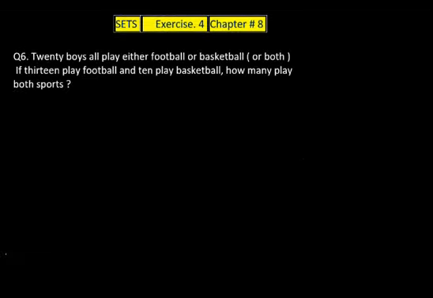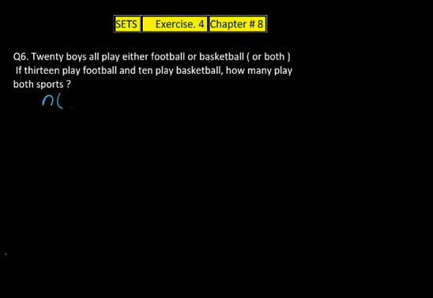In question number 6, it says 20 boys all play either football or basketball or both. It means that none of the boys are outside basketball and football, right? It means that everyone plays football, basketball or both. If 13 play football and 10 play basketball, how many play both sports? So let's make it a bit more simple.